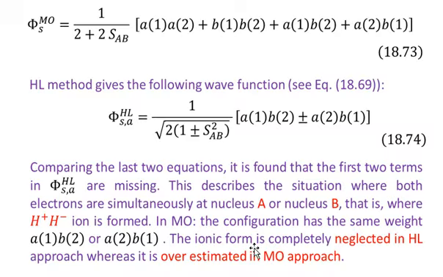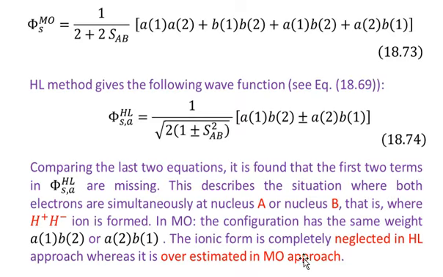The ionic form, you know, has slightly different weights in comparison because of the constant present in the Heitler and London method. So the constants, you know, they are different. So they have different weighting factors, but you know that the terms are the same. The ionic form is completely neglected.